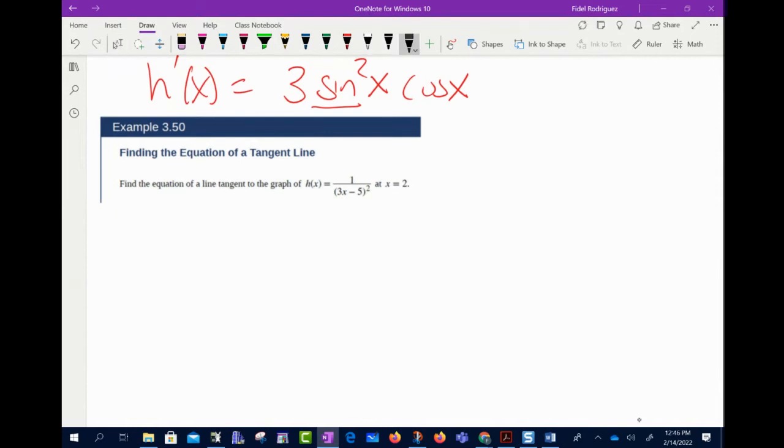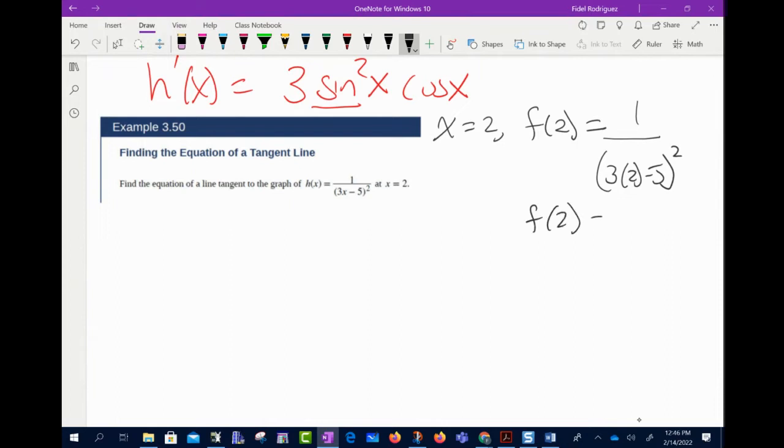Okay, so the first thing we're going to do, y'all, we know that our x value is 2. Before I even take the derivative, I want to find my y value of the function. So I'm going to find f of 2. Okay, we're going to take the derivative as well, but I'm going to come back over here so we can find what the y value is.